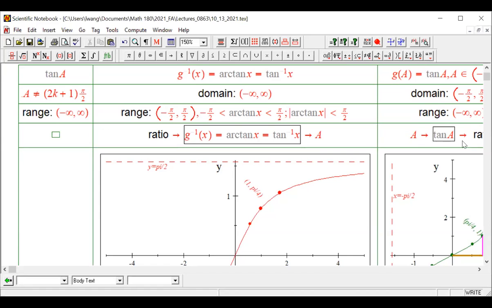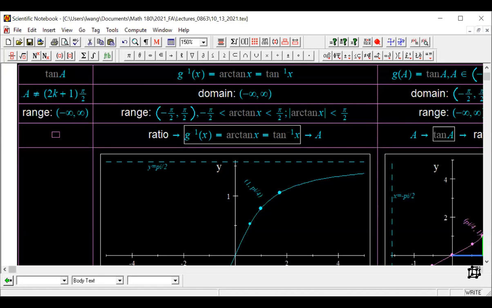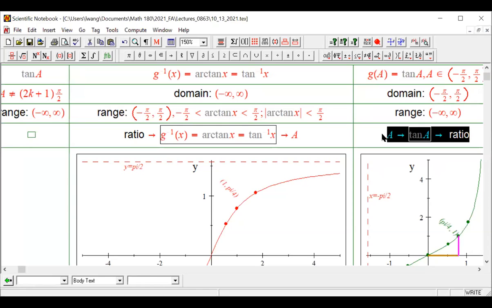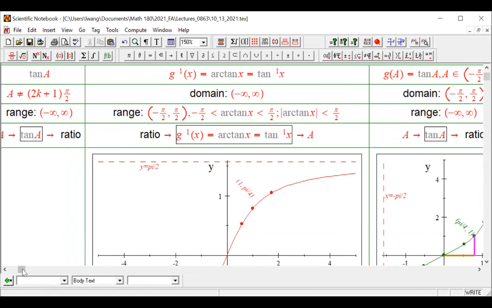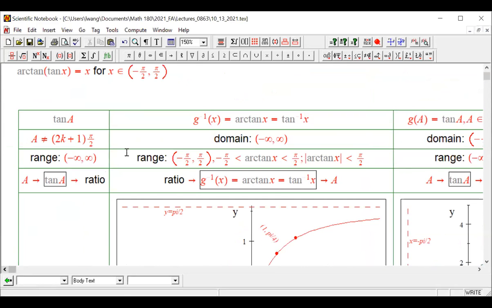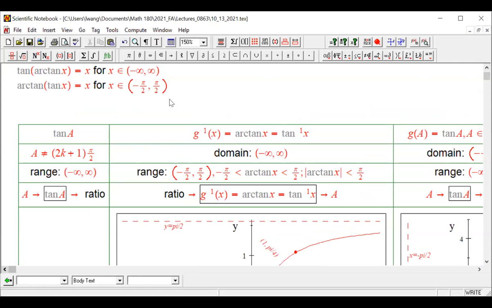That's what we are talking about. So in this property we just addressed, we are talking about this tangent, unless otherwise specified.